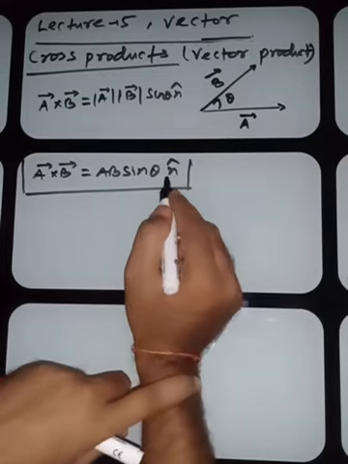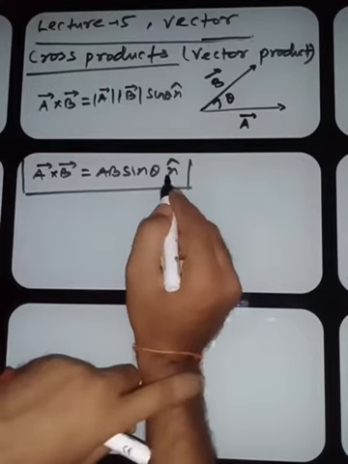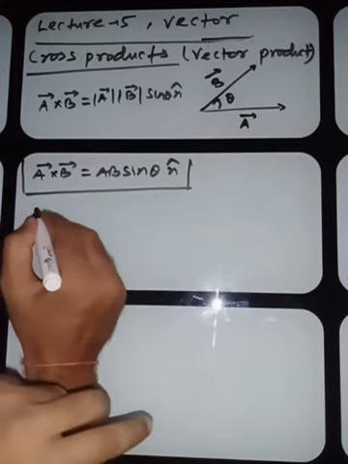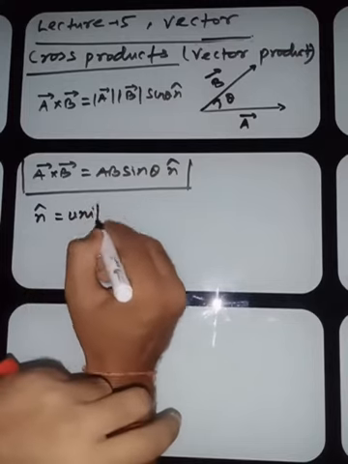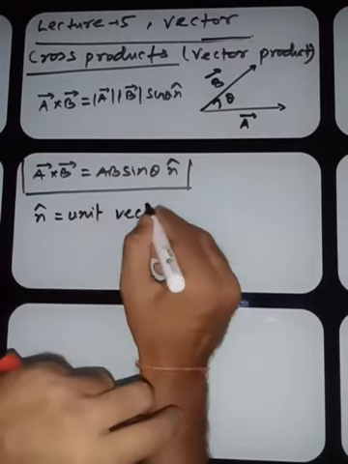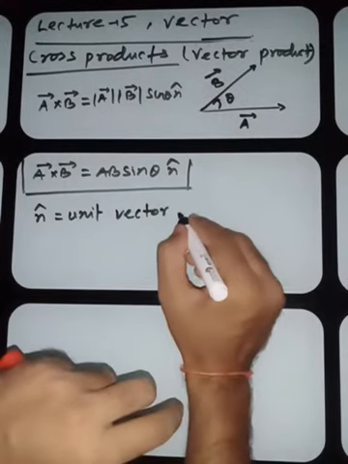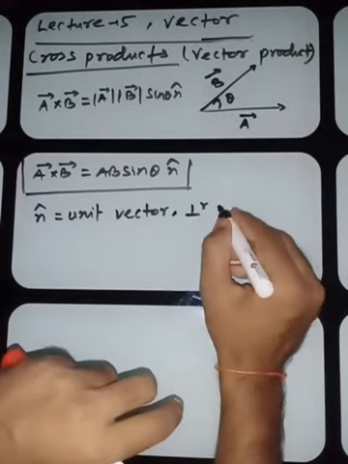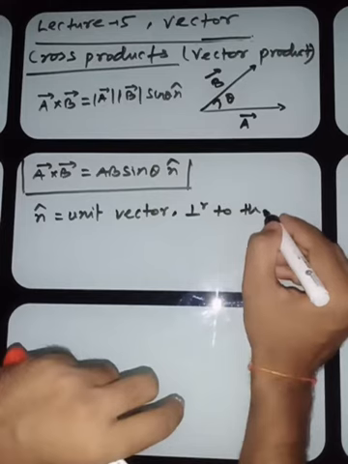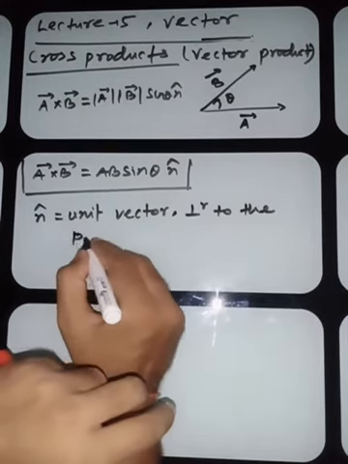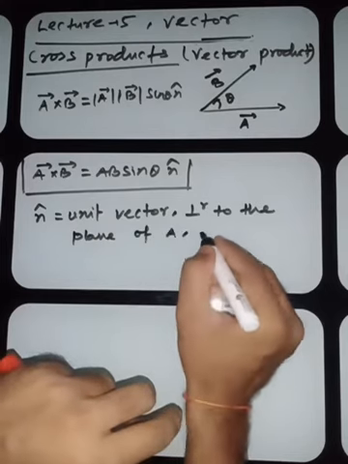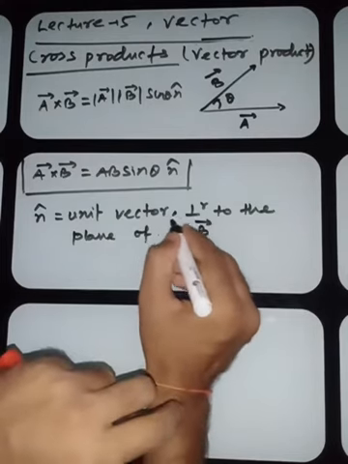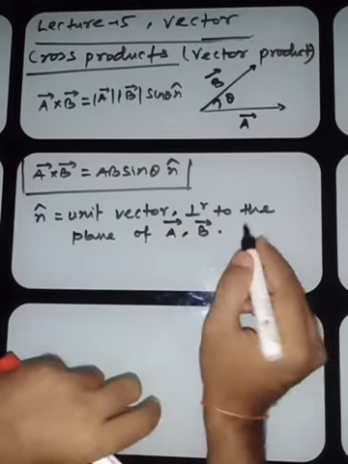Now it is very important, so what is this n cap? You can write, my dear students, this is the unit vector perpendicular to the plane of vectors A and B.